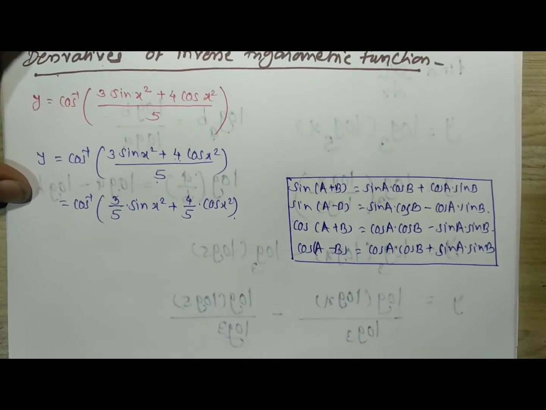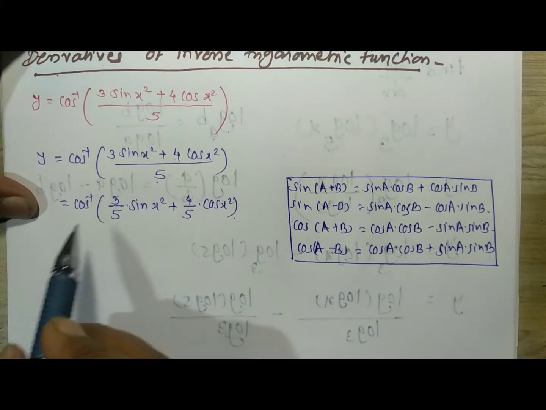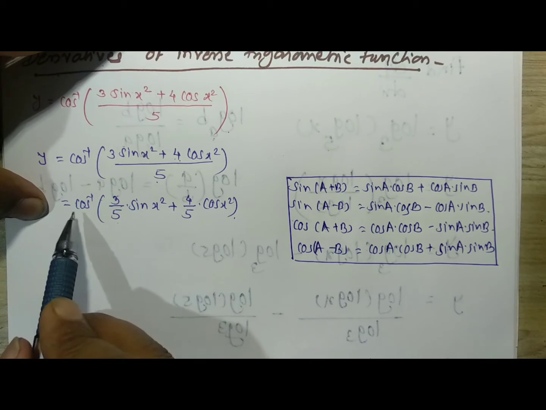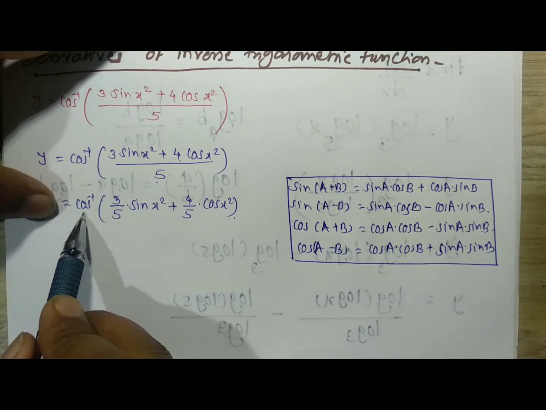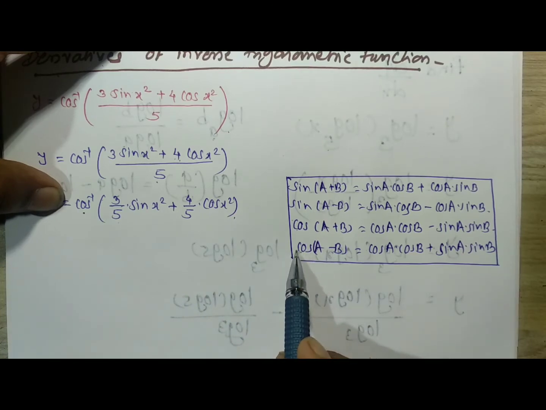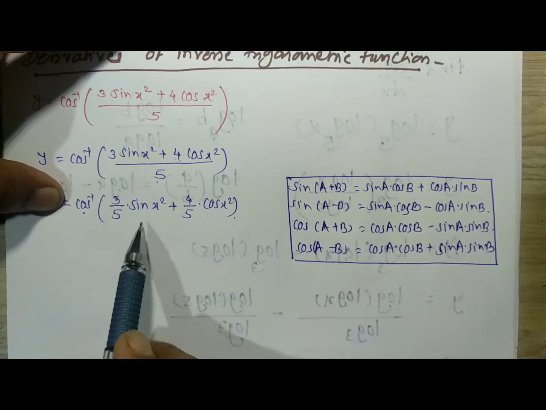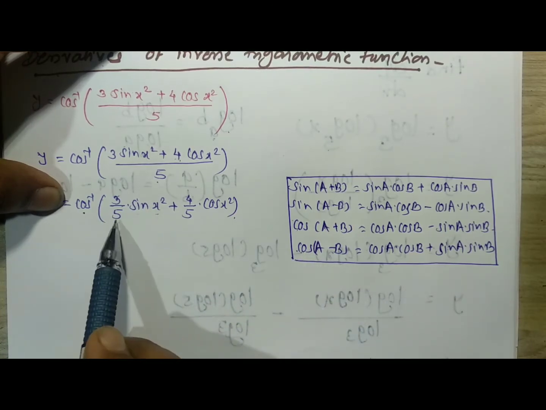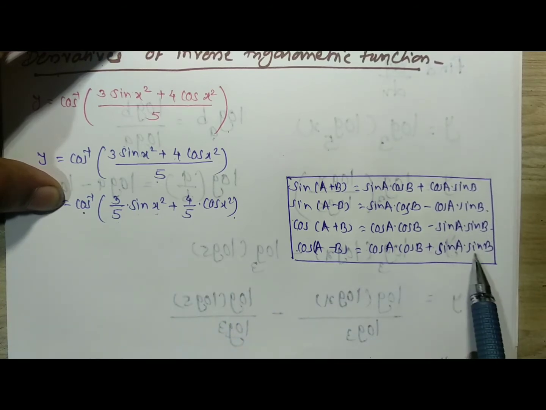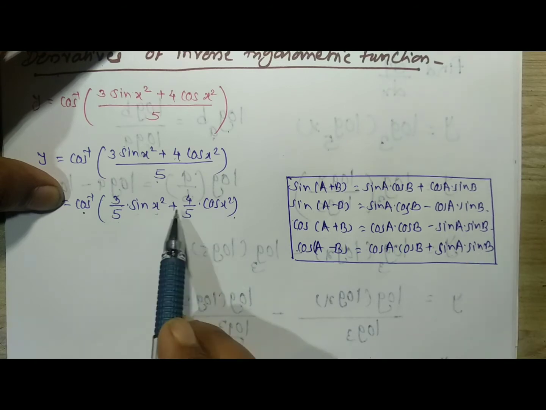First of all, we consider 3 divided by 5. Since cos inverse is outside, we want to convert that expression into the form of cos. Here sin is present, and the other term is also sin, because sin a with sin b, and both terms are sin in this formula as well as that formula, and here plus is there.